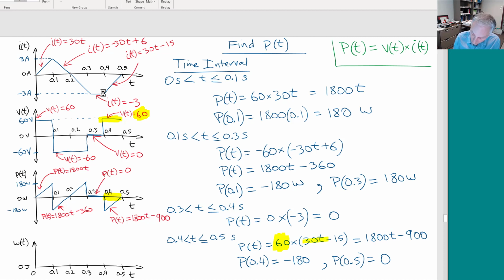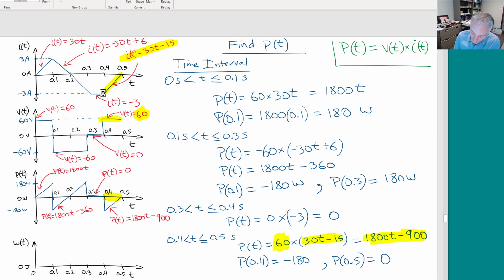And then multiply it by this 30t minus 15, which is the current and represented by that function. That's why we did the I of t's for the current, so that we could use it for the power. So that works out to 1800t minus 900.